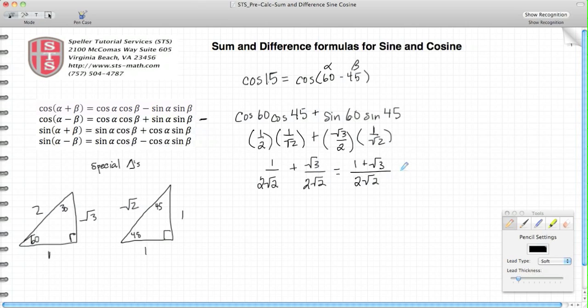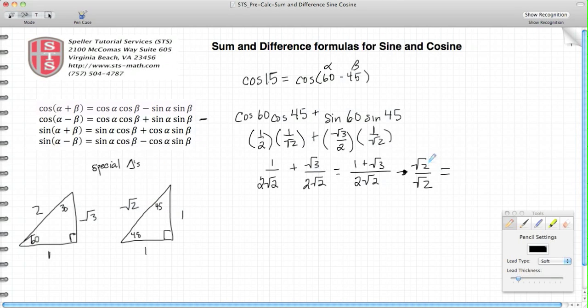We know that we should never leave a radical in our denominator. So what we're going to do is rationalize, and to rationalize we're going to multiply by root 2 over root 2. That's the same thing as 1, so we're not changing the value of the expression, we're just changing the display.